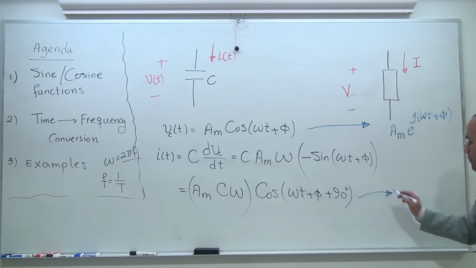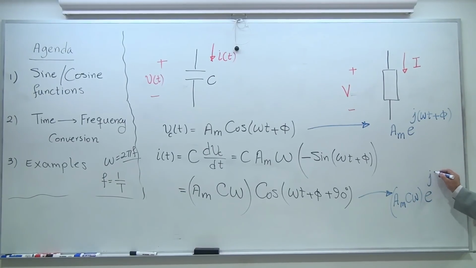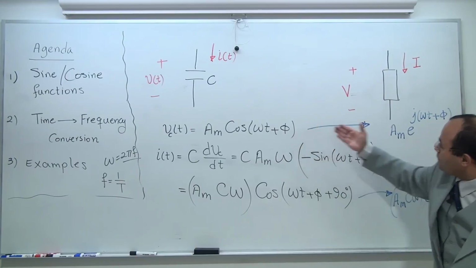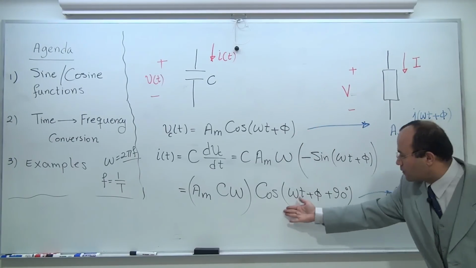This one, according to the same convention, is going to be Am C omega e to the power of j(omega t plus phi plus 90 degrees). Remember, I simply ignored the real part, because I know that's my convention, and anytime I want to come back, I just simply take the real part. That's why I know my move forward and backward. This one in frequency domain is this one.